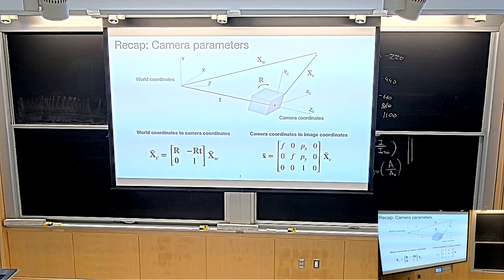We introduced this intrinsics matrix here, which takes a 3D coordinate expressed in the camera coordinate frame and maps it to homogeneous pixel coordinates. And again, from homogeneous pixel coordinates, if you want the actual pixel coordinates, you have to convert it into a heterogeneous coordinate. So then you have to do this divide by W, right?